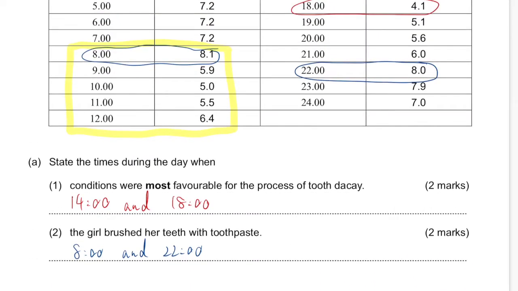It should be the time that the pH starts to drop, because the bacteria break down the food sugar in the food debris to produce acid. So you can see the pH start to drop at 9 a.m. That indicates that the girl had breakfast, we can say at around 9 o'clock.